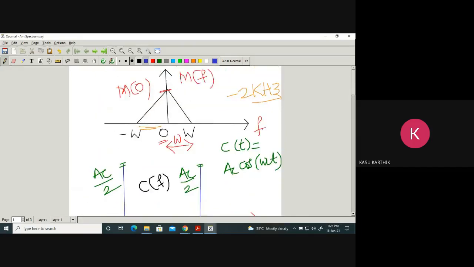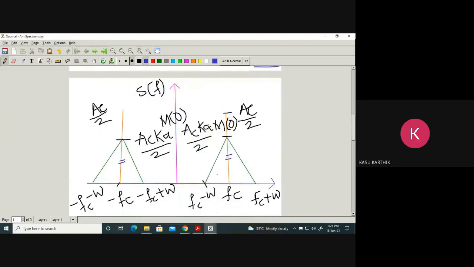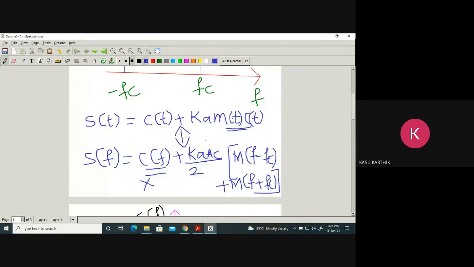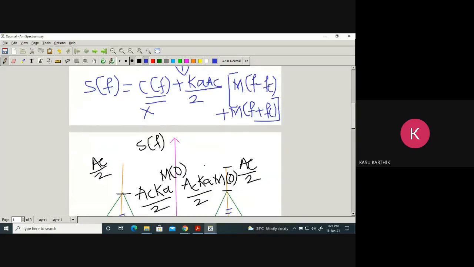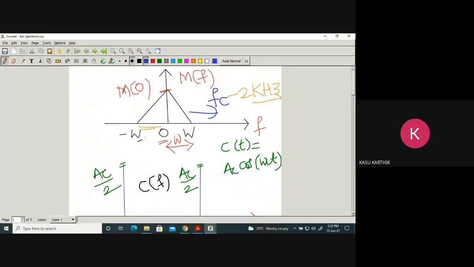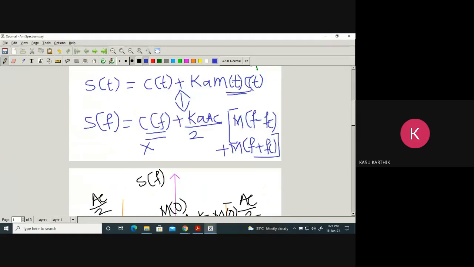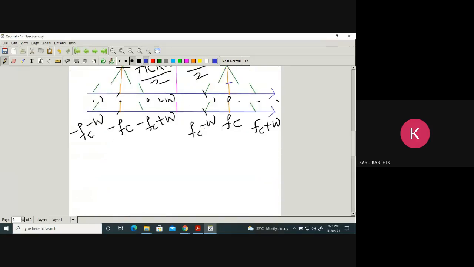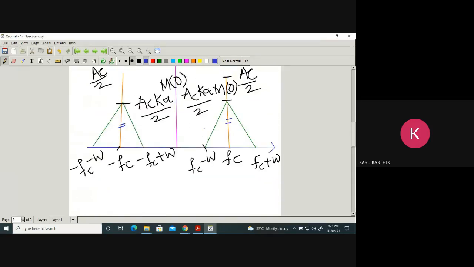You shift this towards the right side by fc. What happens here? 0 becomes fc, this becomes fc minus omega, this becomes fc plus omega. The same thing happens here with a left shift. So this is AC Ka by 2, AC Ka by 2 and m of 0. m of 0 was the maximum amplitude of this signal, into AC into Ka by 2. So this is the spectrum of your AM signal.